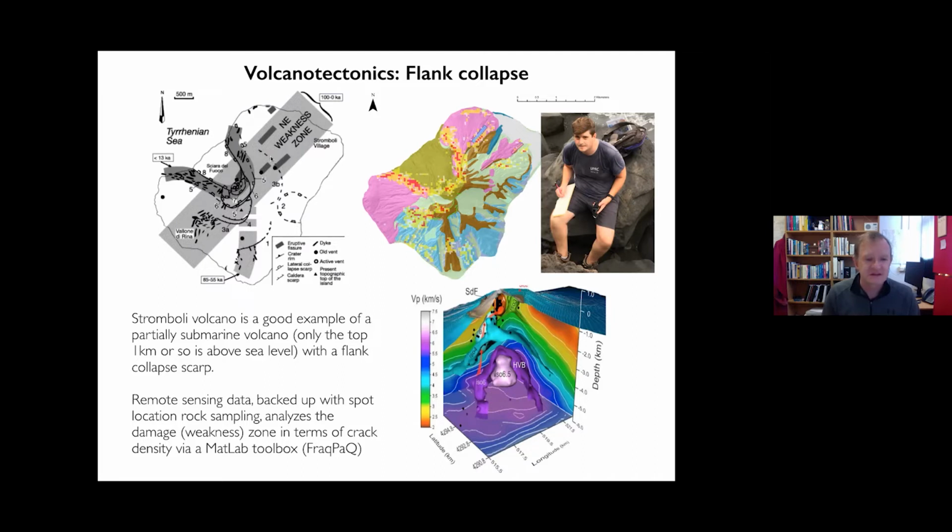So we think there's a weakness zone going through the island. Here's the Sciara del Fuoco, plenty of dikes and other fractures, but most of the volcano, actually, the picture on the bottom right, is submarine. So this is in progress at the moment, and maybe even I can convince Tom to give you a talk about his research in another year or two. So watch this space.